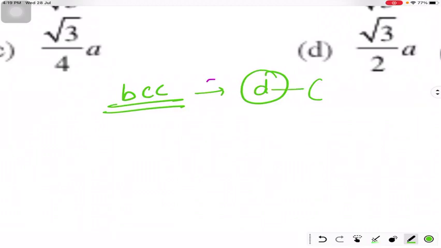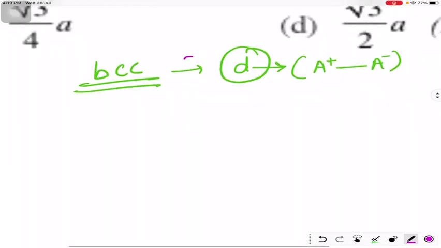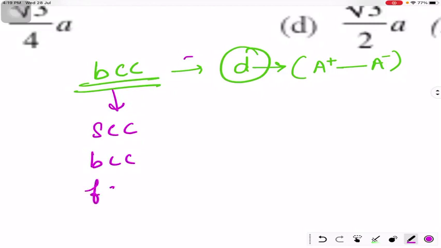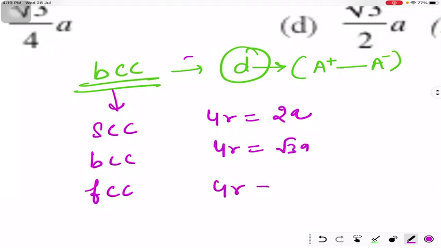Let this be D. D is distance between anion and cation. So for SCC, for BCC, for FCC, you have written 4r is equal to 2a. For BCC, 4r is equal to root 3a. For this face diagonal, root 2a.